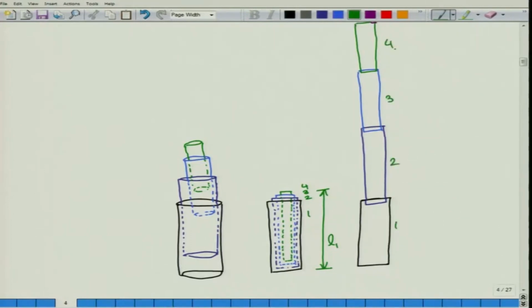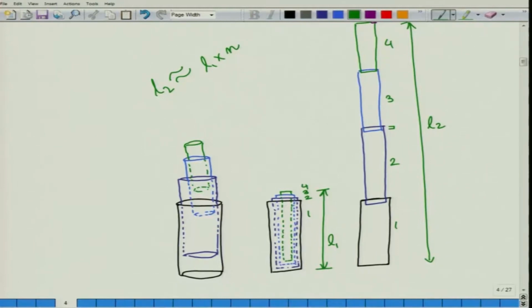When you are expanding, let us call this length L2. So, we will have L2 is approximately equal to L1 times the number of tubes that are there. Why is this approximate? Because a very small portion remains inside of the second tube when we have completely expanded it.